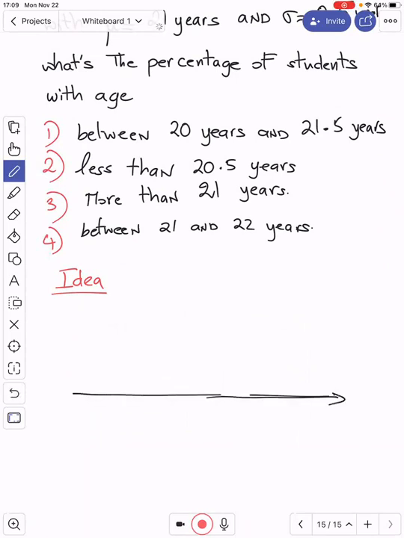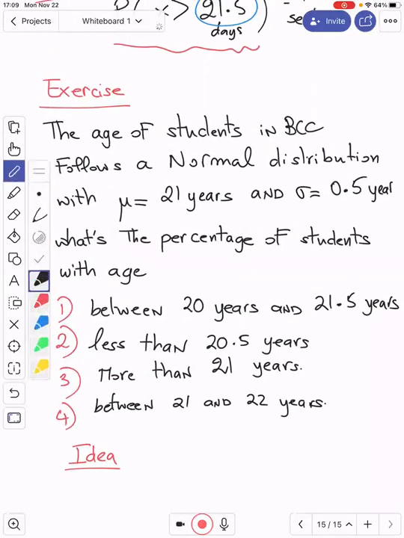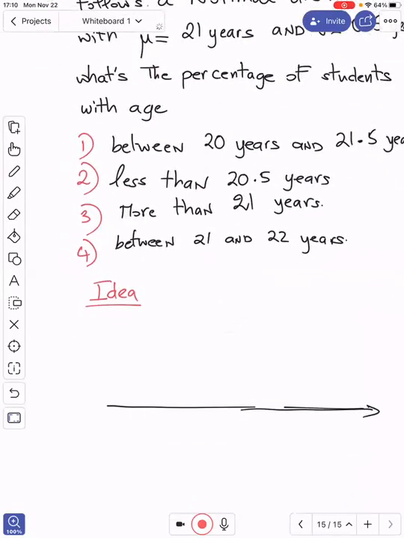In this problem we are interested in the age of the students, which would be your variable x, and it follows a normal distribution. So the idea is to use this graph right here.